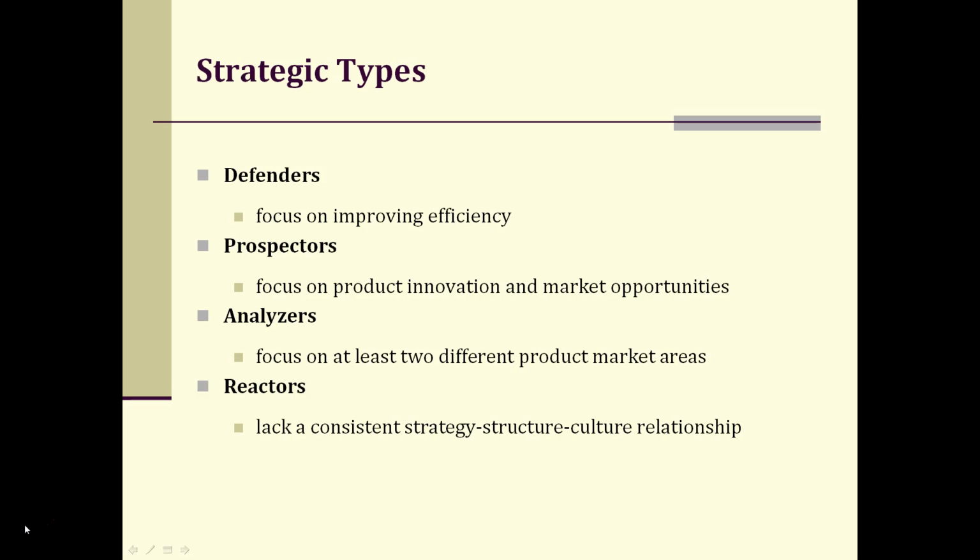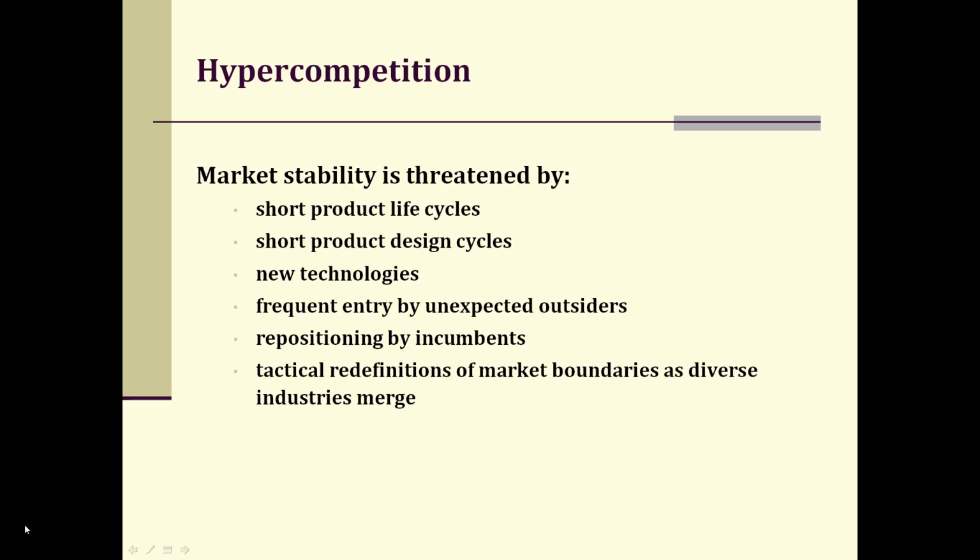What about the hyper competition? Market stability is threatened by short product life cycles, short product design cycles, new technologies, frequent entry by unexpected outsiders, repositioning by incumbents, and tactical redefinitions of market boundaries as diverse industries merge.